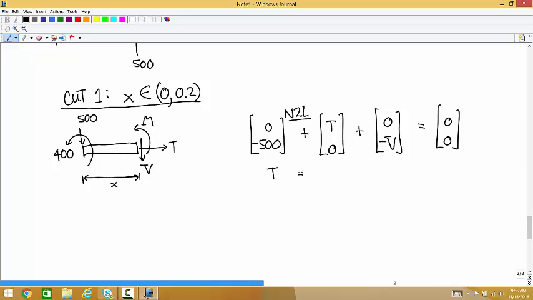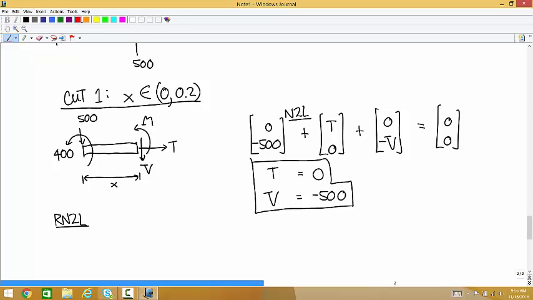You get T is equal to 0, V is equal to negative 500. And then we'll go to the moment equation. Our about point is where it always is for internal load calculations, all the way at the left.